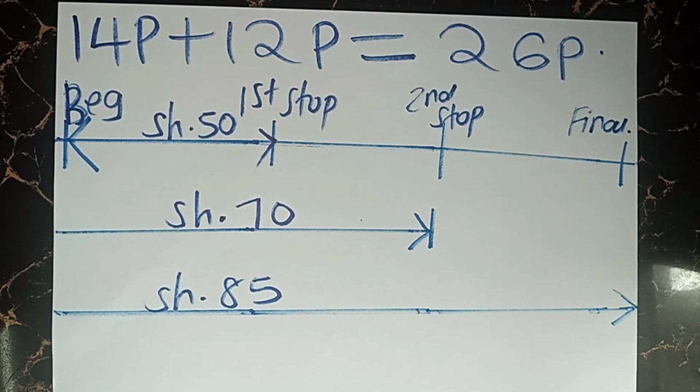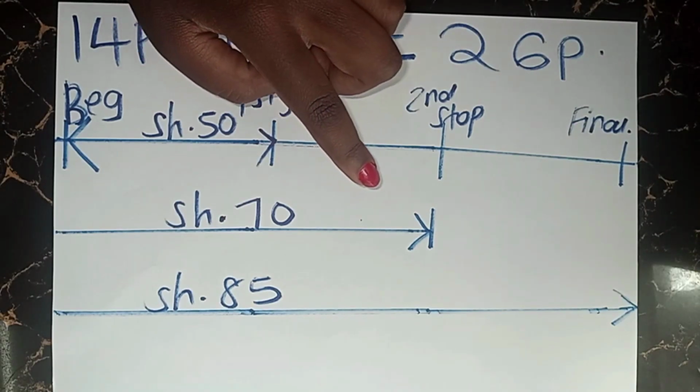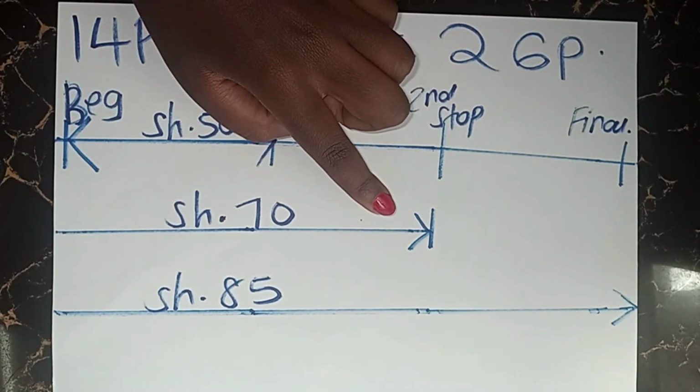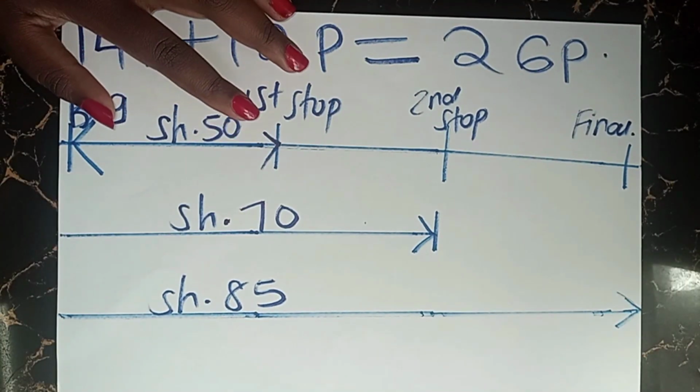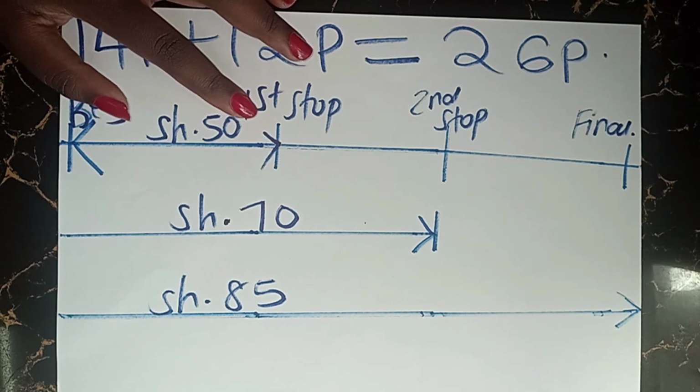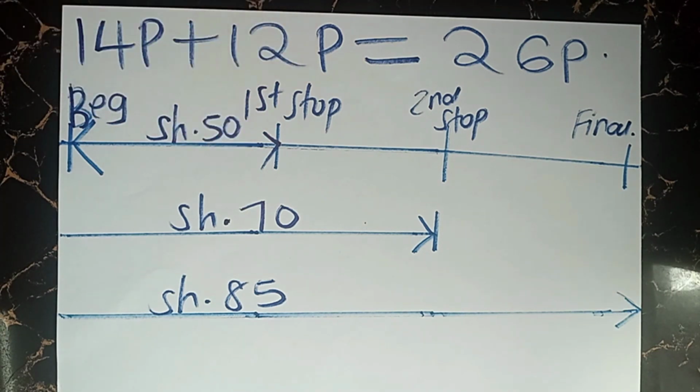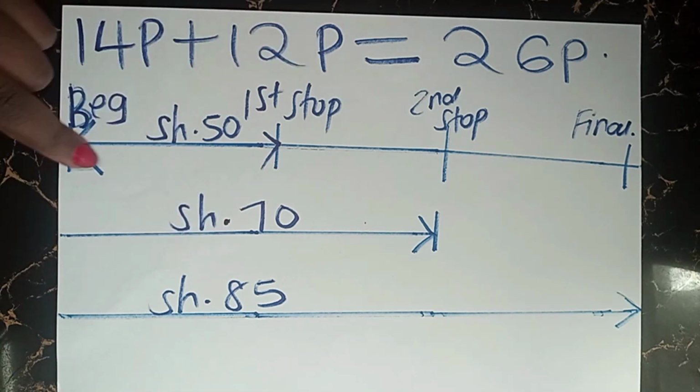So the passengers who moved from the first stop to the second stop paid the 70 shillings, which is what these passengers paid, minus 50 shillings, which is what these passengers paid, okay, from the beginning to here. So now when we subtract that, we get 70 minus 50 is 20.